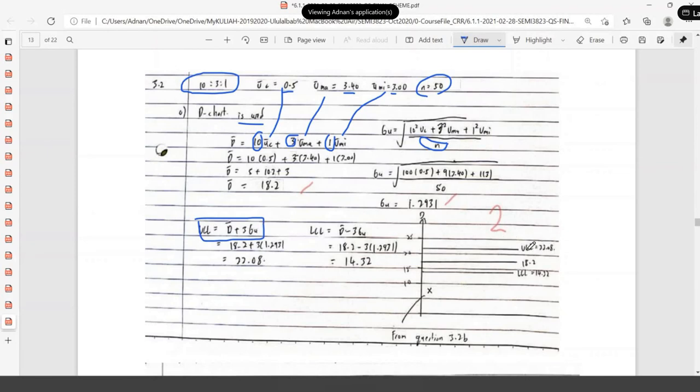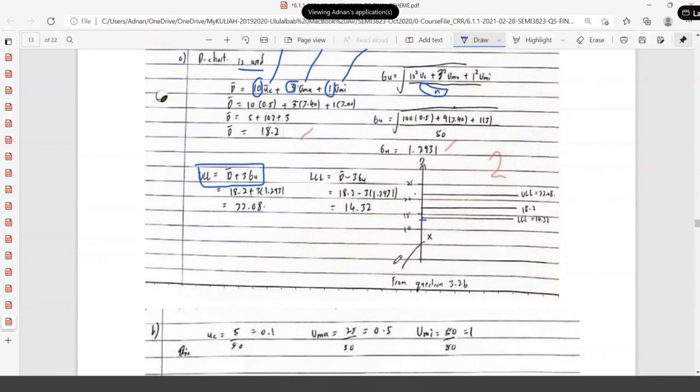Okay, and then dapat control limit, and then ada data diberi tadi kan, ada 3 data. So that data tu kita check lah. And it was found that the value was outside. Okay ya, saya rasa saya berhenti situ dulu.